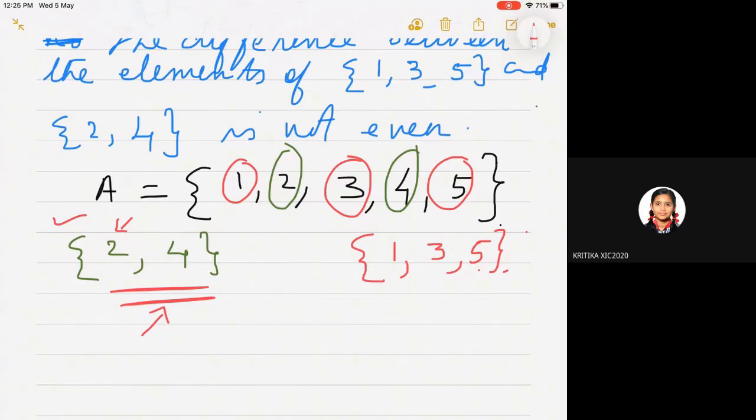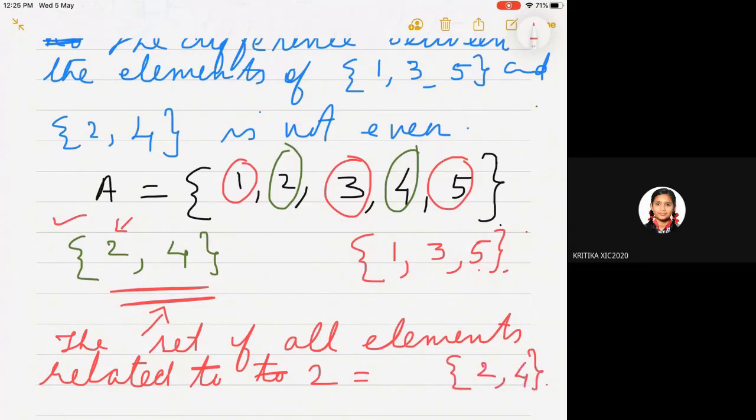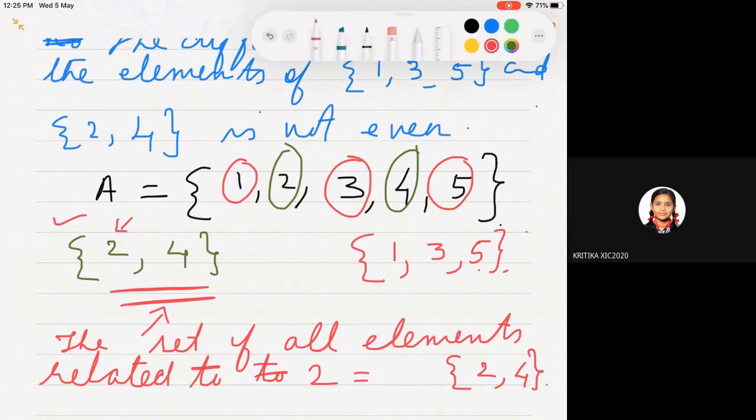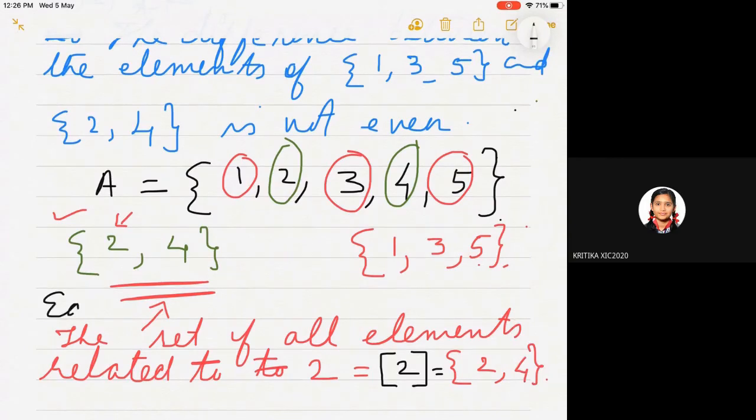Or in other words, we can say that the set of all elements related to 2 is set 2, 4, and this concept we call by a different name, which is known as equivalence class of 2, and is written like this.